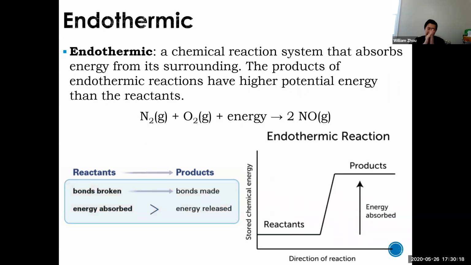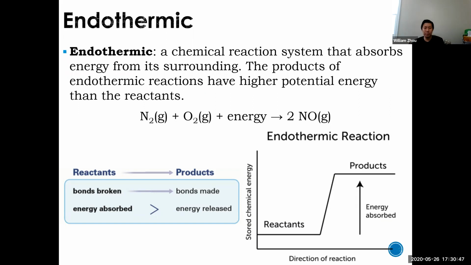The opposite, endothermic, endo means inside. The chemical reaction system will absorb energy from the surroundings. As a result, you gain energy as a system, so your products have more energy than the reactants. Right? And meaning that you use more energy to break your bonds than the energy you release from forming the bonds.